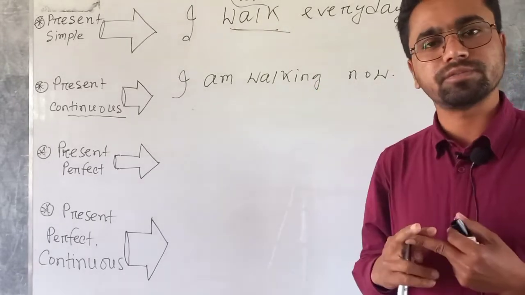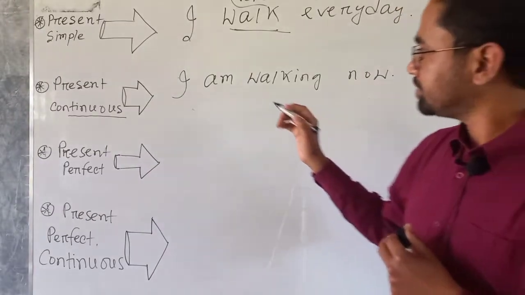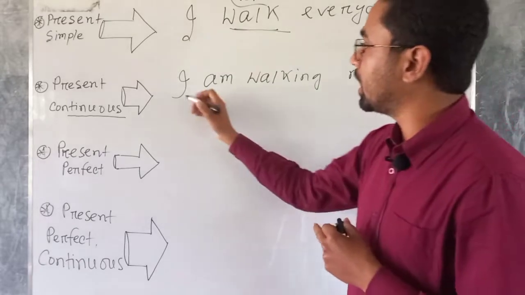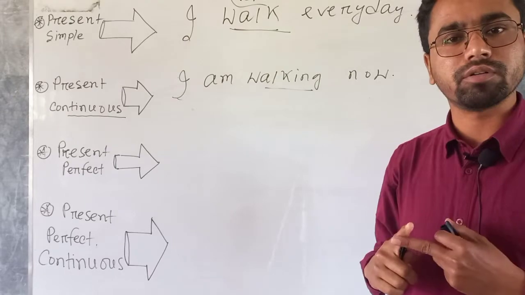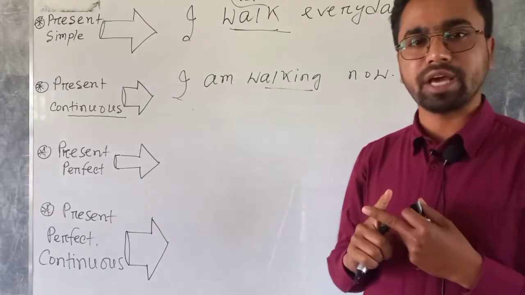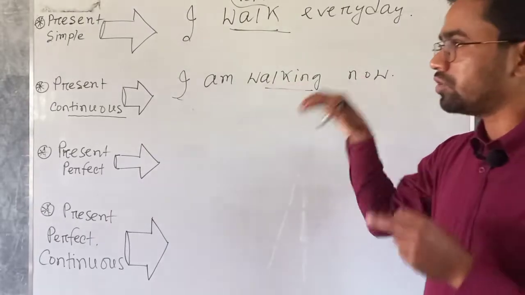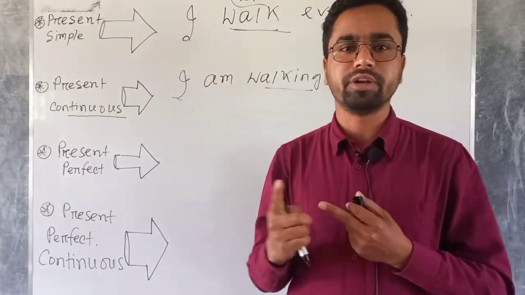It has no pause. I am working now. If you make a mistake by saying I working without using am, that will be wrong, because in continuous tense you need to put ing at the end of the verb, and also before the verb you need to put am as an auxiliary verb.